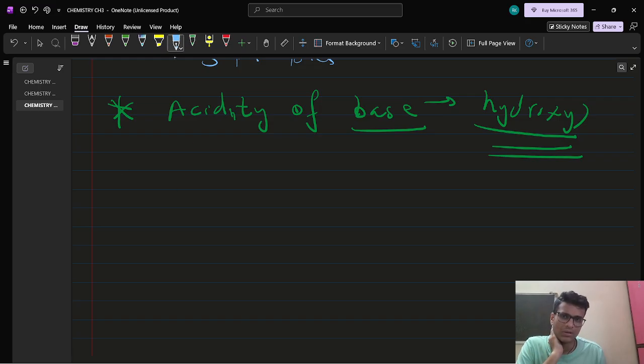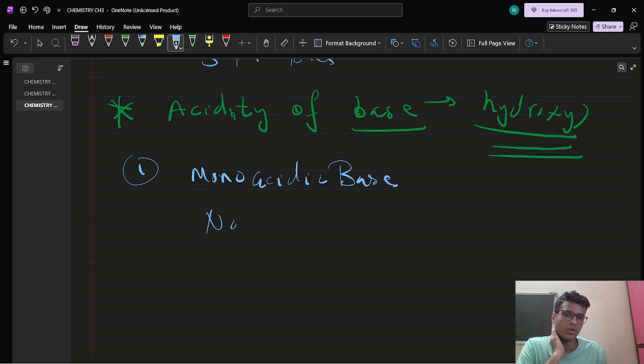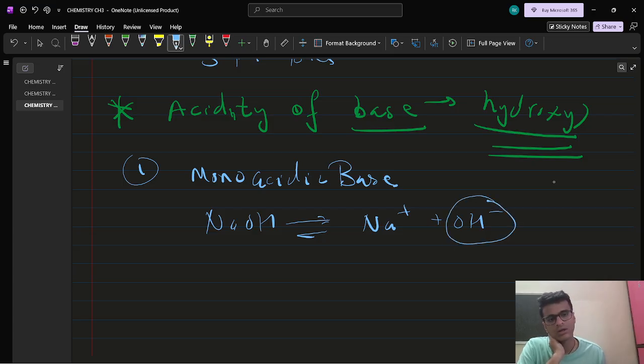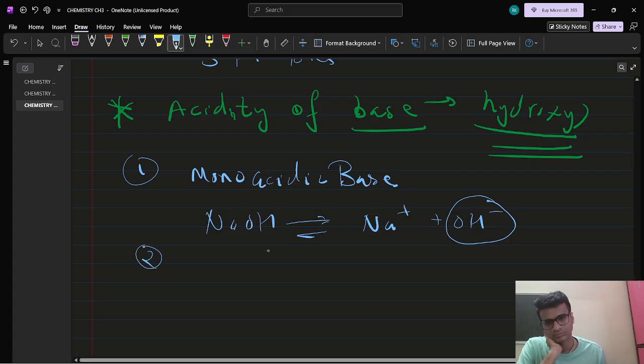I will show an example. Types के साथ ही example कर लेते हैं. So first we have monoacidic base. NaOH, Na plus OH minus. कितना आया, अगर एक ही आया ना. Diacidic base, Ca(OH)2.